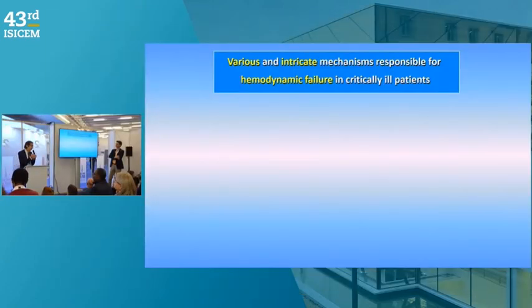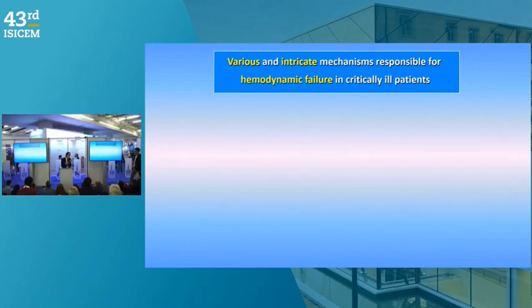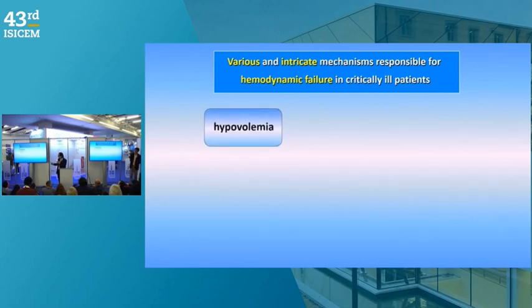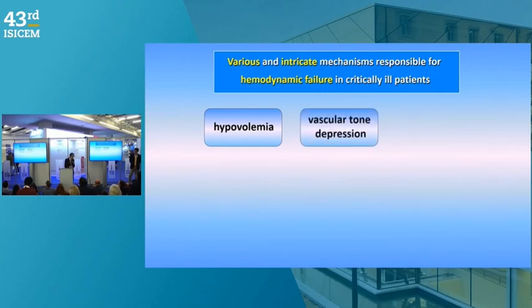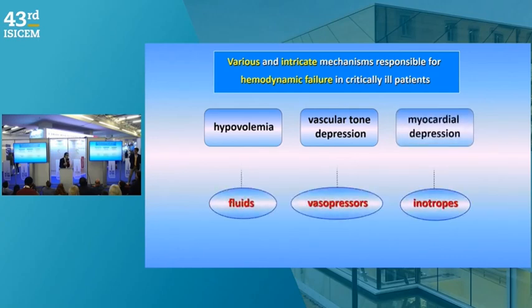So first, we have to say that in critical patients, in patients with shock, we have intrication of many mechanisms responsible for shock. And this is what is difficult, in fact. As you know, we have many times hypovolemia, vascular tone depression, myocardial depression.